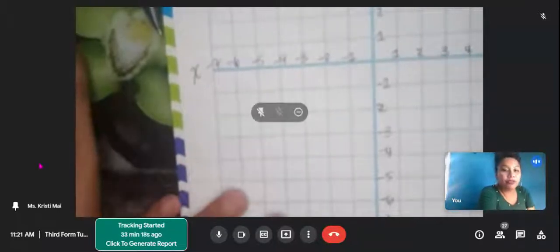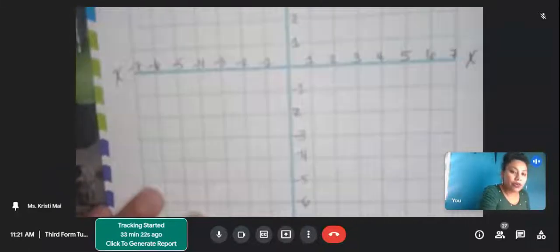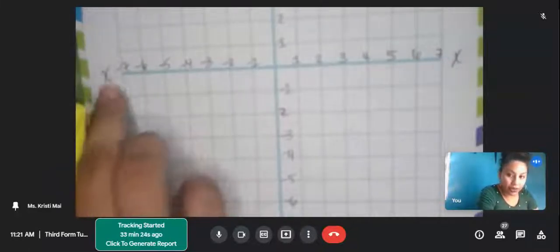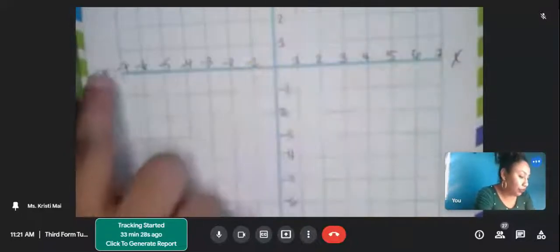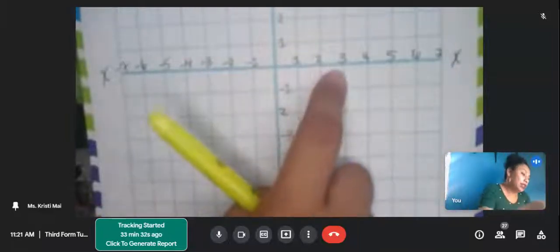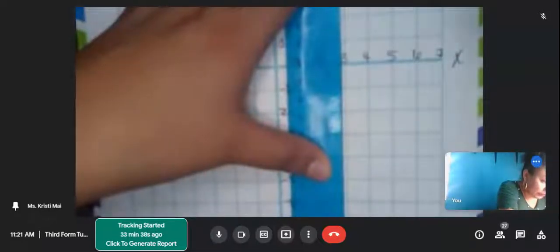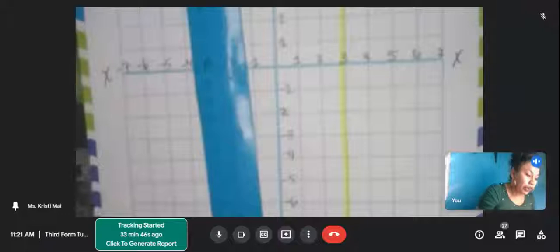When it says reflect across x equals 3, I need to go on the x-axis and find 3. 3 is right here. So my imaginary line where I am doing the reflection has to be this one. That is going to be my line where I'm reflecting that image.